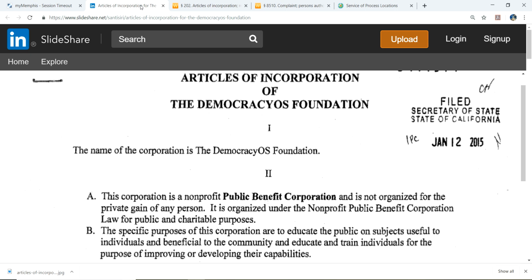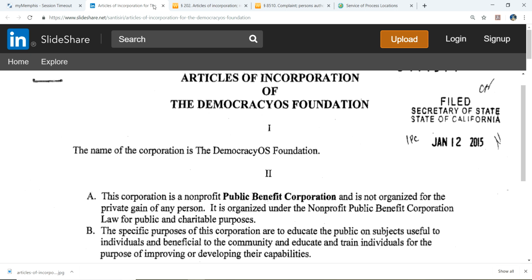It is organized under the nonprofit public corporation law for public and charitable purposes. And Section B specifies that the specific purposes of this corporation are to educate the public on subjects useful to individuals and beneficial to the community, and educate and train individuals for the purpose of improving or developing their capabilities.